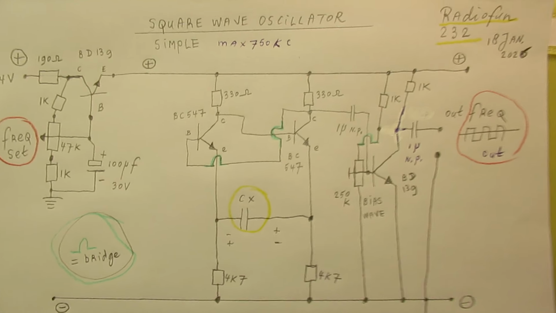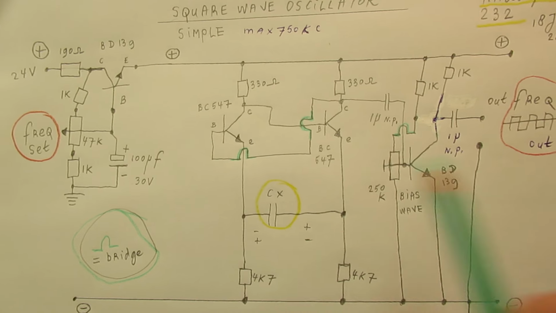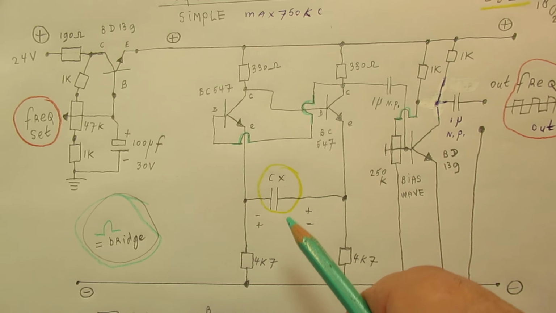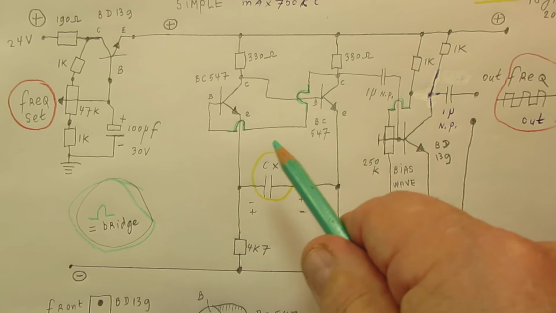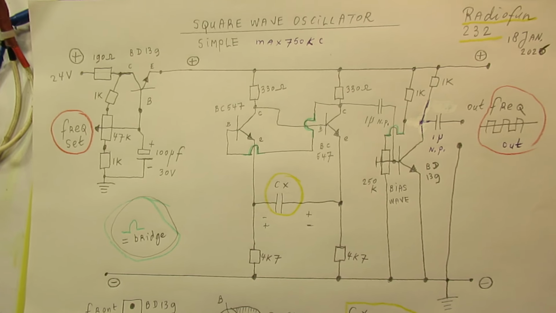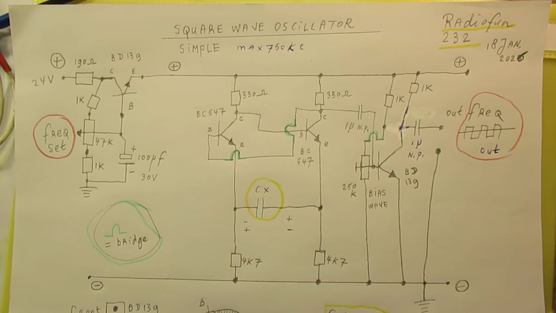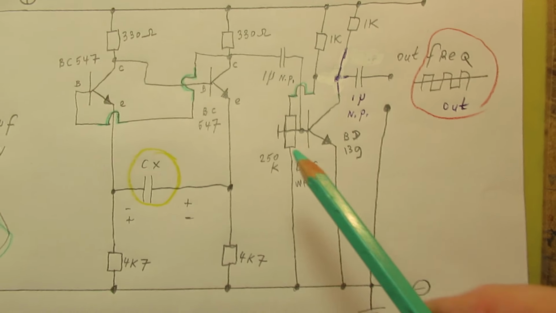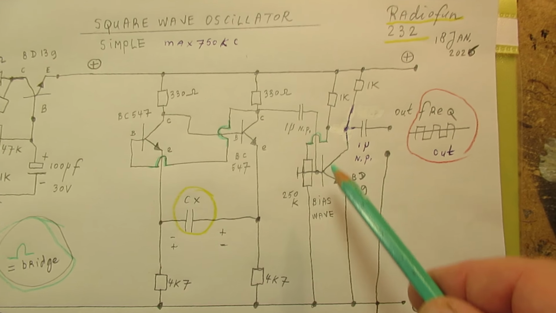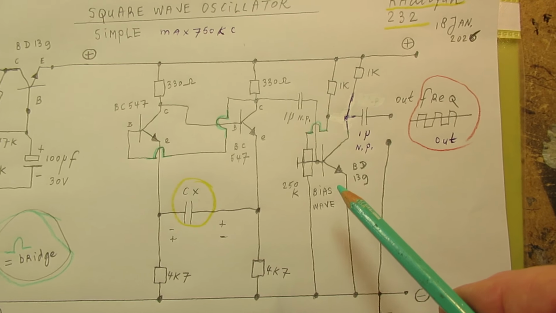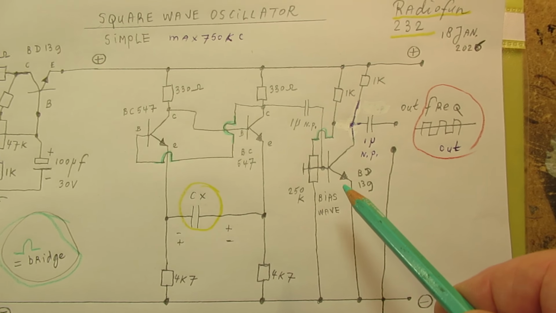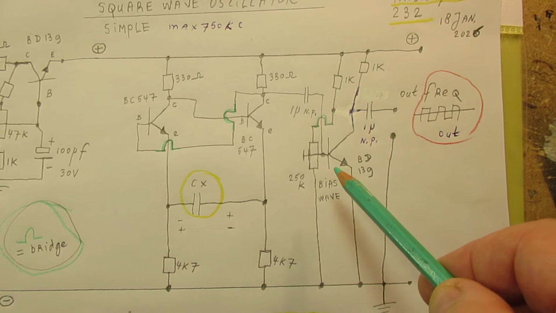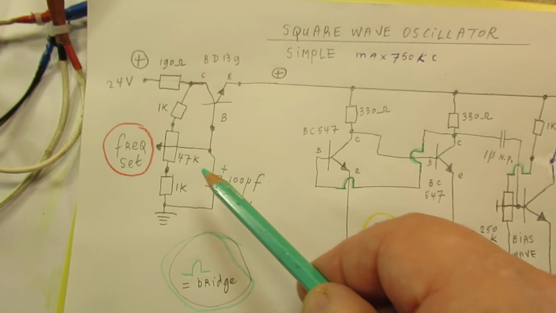The capacitor Cx is also responsible for the frequency band, but more the central frequency where it works. There is also a bias potentiometer. You can turn it to set the pureness of the waveform, and here you set the frequency.